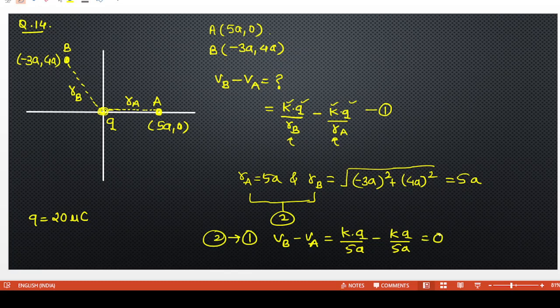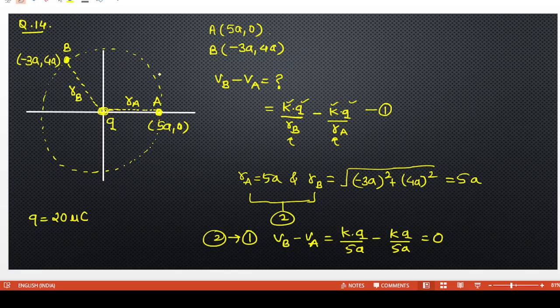Potential difference is going to be 0. Now you could have directly said that both these points are on equipotential surface. Yes or no? What is the shape of equipotential surface due to point charge? Sphere. They are on same sphere.